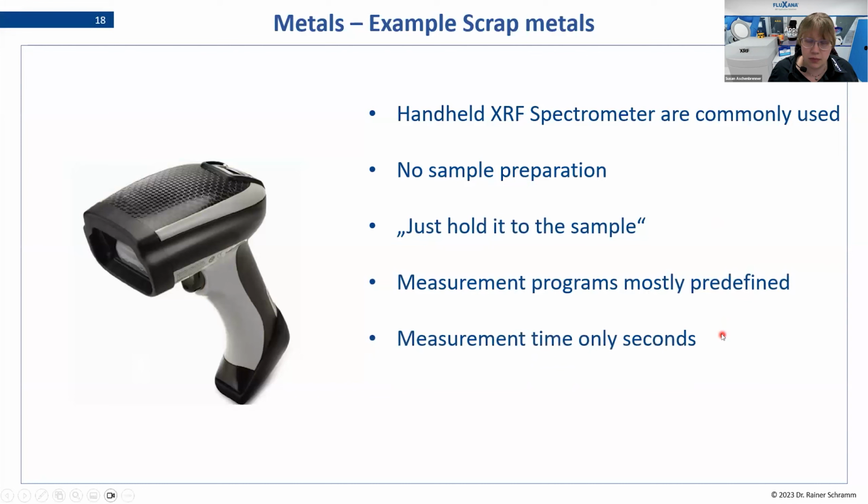And the measurement time is only seconds. So you hold it, you press the button, you wait a few seconds, and you get a result. And most of the time, there's even the possibility that it directly displays, for example, what alloy was measured here. So these are very, very commonly used in these kinds of applications with scrap metals.